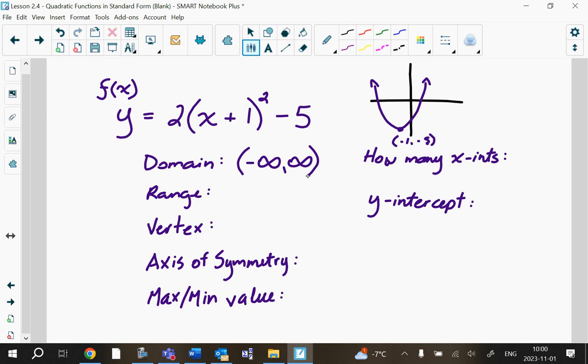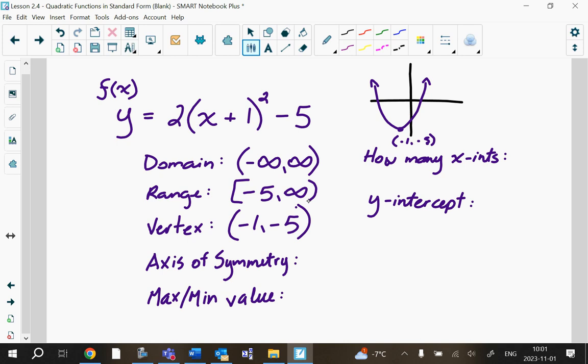So what is the vertex of this one? Let's jump straight to the vertex. -1, -5. Now, let's go to range, axis of symmetry, and max-min value. The range is what? Lowest to highest, so it goes from -5 up to positive infinity. These two characteristics you can answer from the vertex.